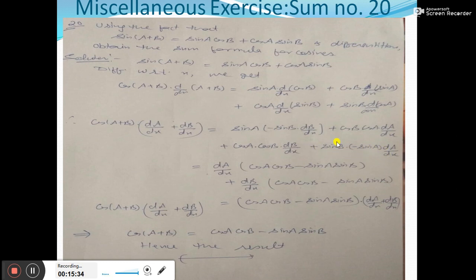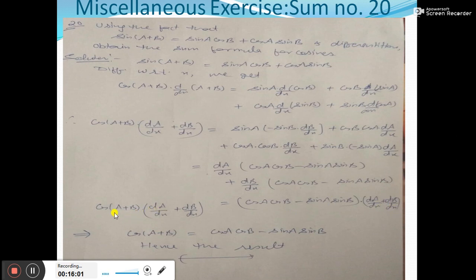And now we have to collect the like terms which contain dA by dx. That becomes cos A cos B minus sin A sin B, and collecting the terms containing dB by dx, then it becomes cos A cos B minus sin A sin B, and then we have to take the common cos A cos B minus sin A sin B, then it becomes dA by dx plus dB by dx.